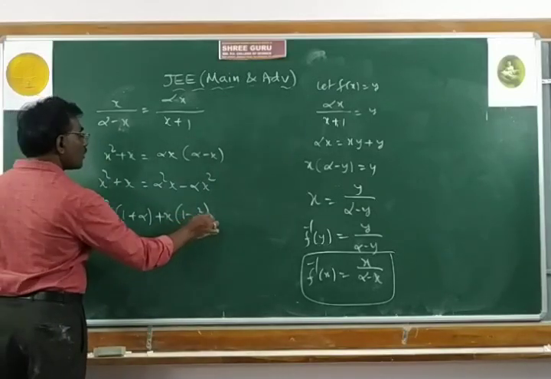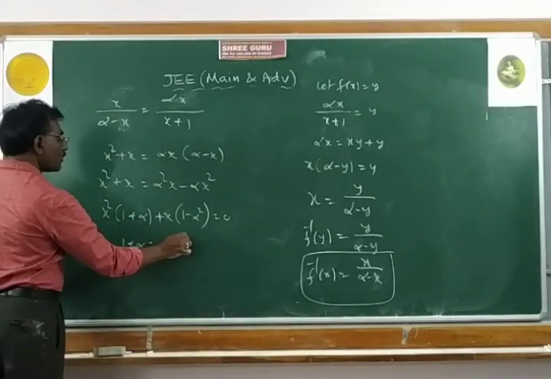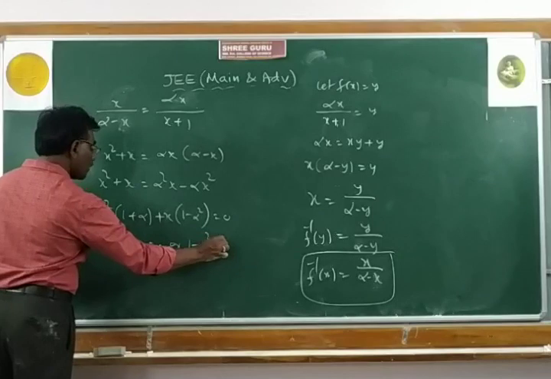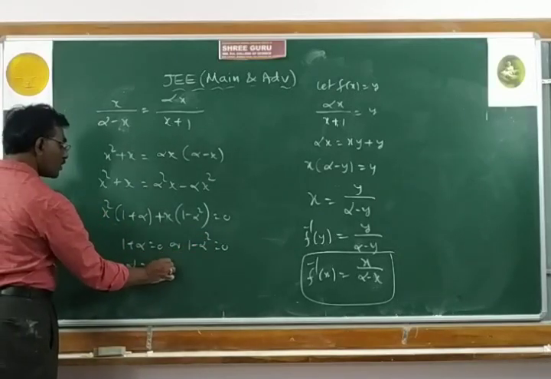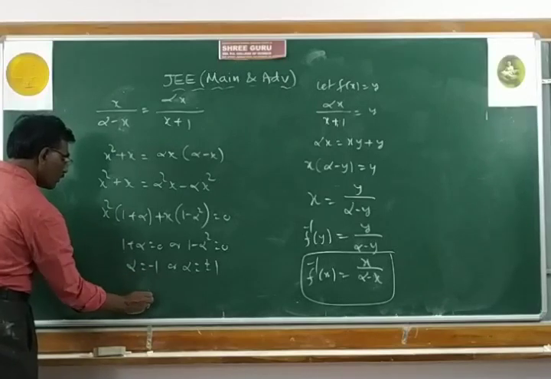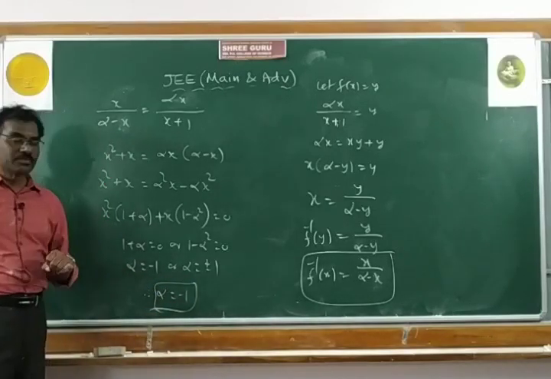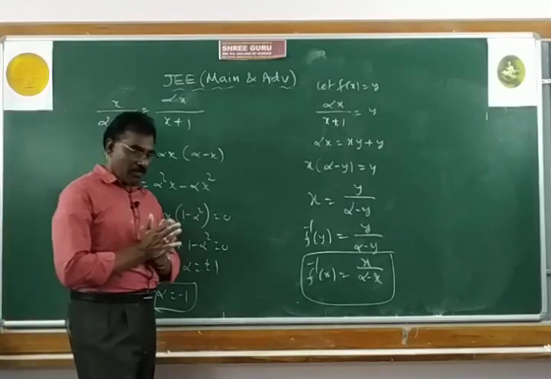Equal to 0. I think 1 plus alpha is 0 or 1 minus alpha square is 0, so alpha value is minus 1, or alpha is plus or minus 1. Common, therefore the common value is minus 1. So repeat once again.